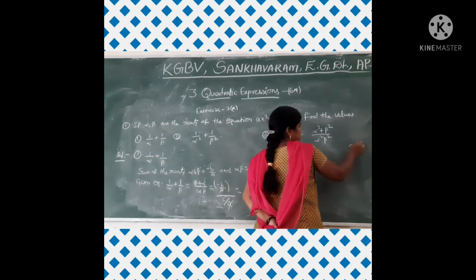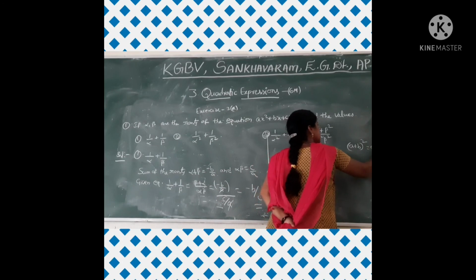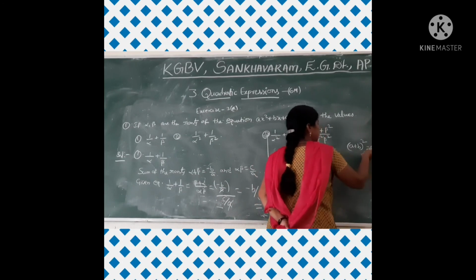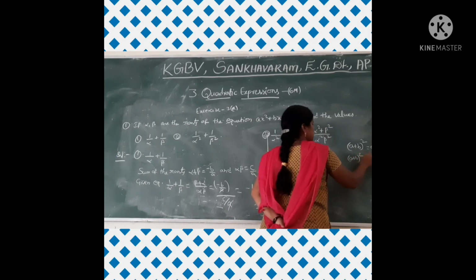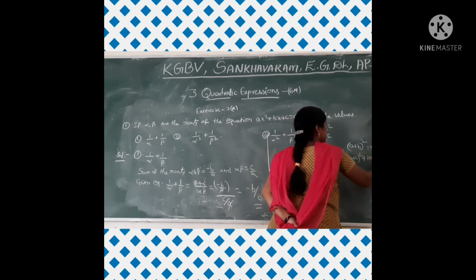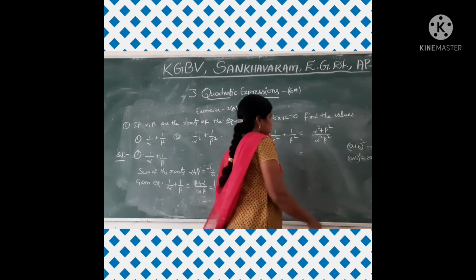A plus b whole square is equal to a square plus b square plus 2ab, so a square plus b square is a plus b whole square minus 2ab.